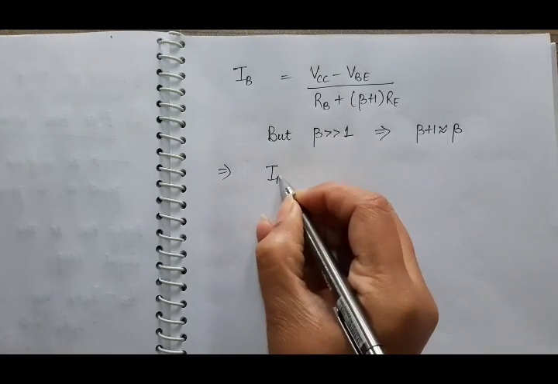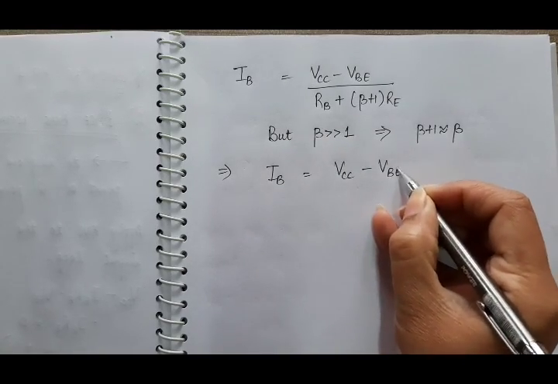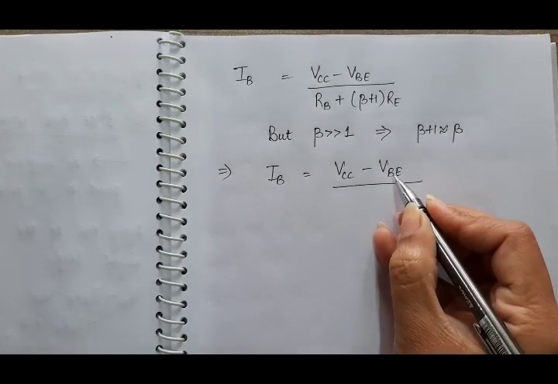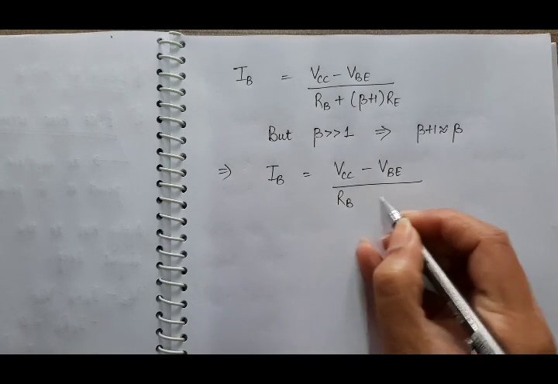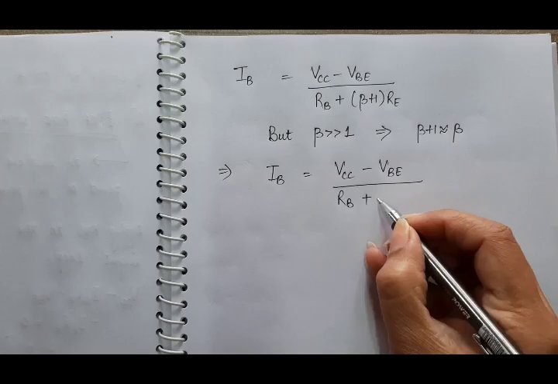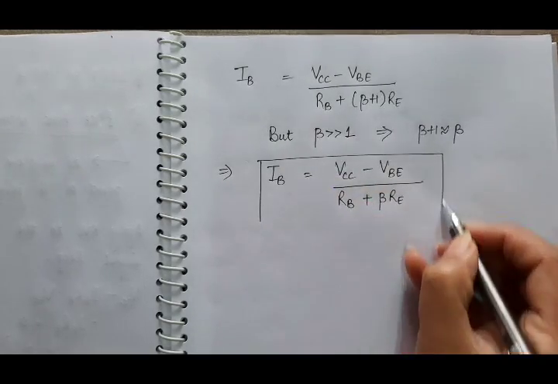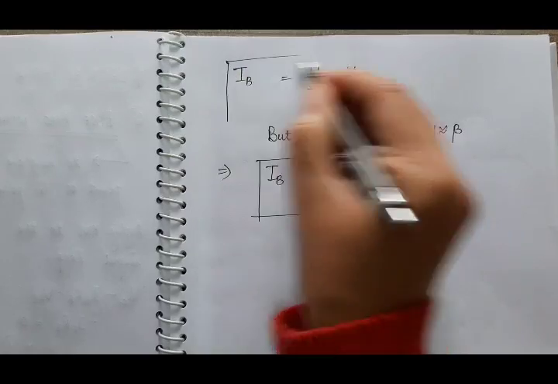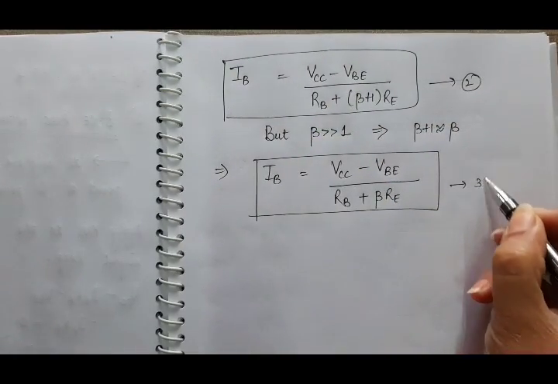So the value of base current will be VCC minus VBE upon RB plus beta RE. VBE is also very small as compared to this VCC. So this is the value of base current. Suppose this is equation 2, this one is equation 3.